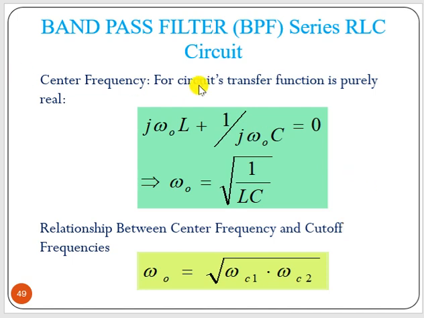Now the center frequency is nothing but the resonant frequency. That means the impedances of the capacitor and inductor should be equal and opposite, or the summation is 0. From that the imaginary part is equal to 0. So we can find omega 0 equals root over 1 by LC, which you have already seen in the resonant circuit, and omega 0 is nothing but the square root of omega C1 into omega C2.